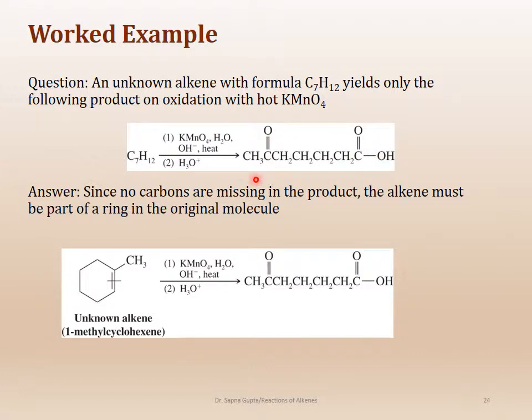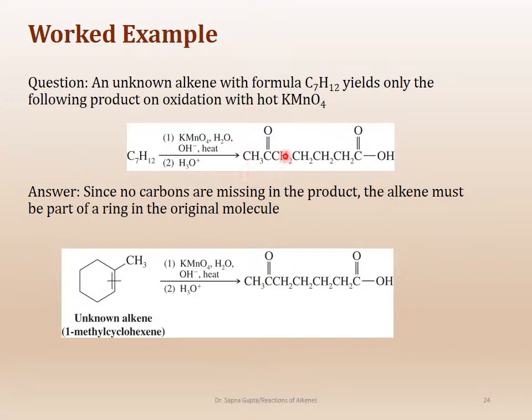So what is the structure of this product? What you do is count your carbons first of all, and make sure that you have 7 carbons, which is 1, 2, 3, 4, 5, 6, 7 carbons. And the fact that you have a COOH, which means if you have an acid, it means you have a more oxidized carbon, which means a less substituted carbon.